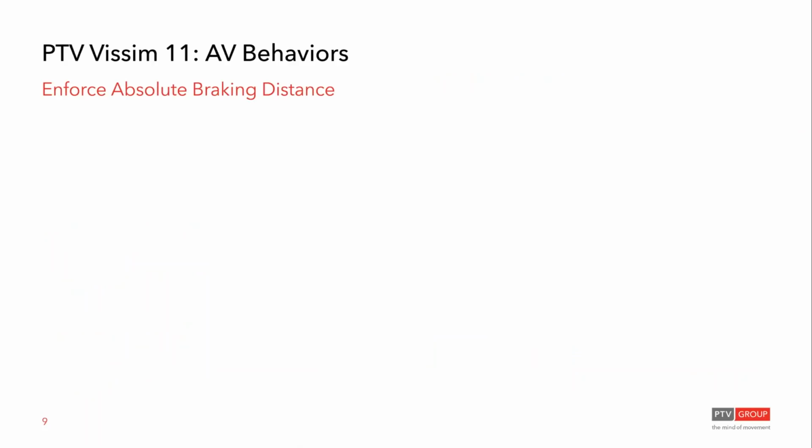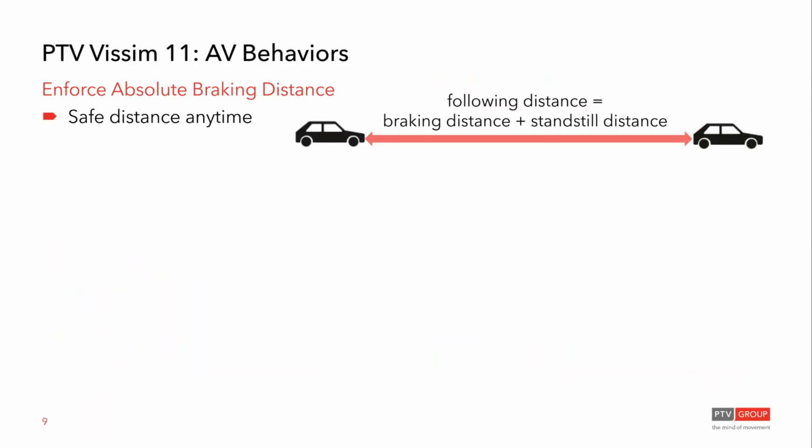First one is enforced absolute braking distance. This is for the cautious driving logic, but you can activate it for any driving behavior in PTV Vissim. It means a vehicle always keeps a safety distance between the two vehicles, so that even if the vehicle is driving at a certain speed, for example 100 km/h, it always makes sure that if the leading vehicle would suddenly be a brick wall, meaning speed 0, it is still able to make an emergency braking and stop in between.